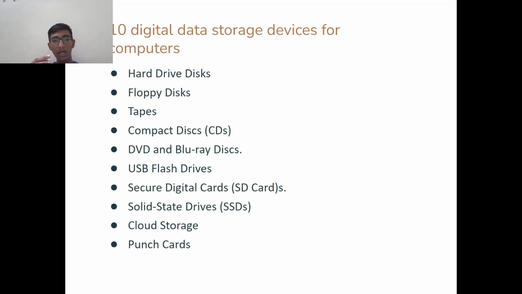Most of them have been outdated as floppy disk, tapes, CDs, DVD. These are all becoming very much outdated, and we mainly use cloud storage, USB flash drives, SD cards, SSDs, and hard drive disks for our storage of data.